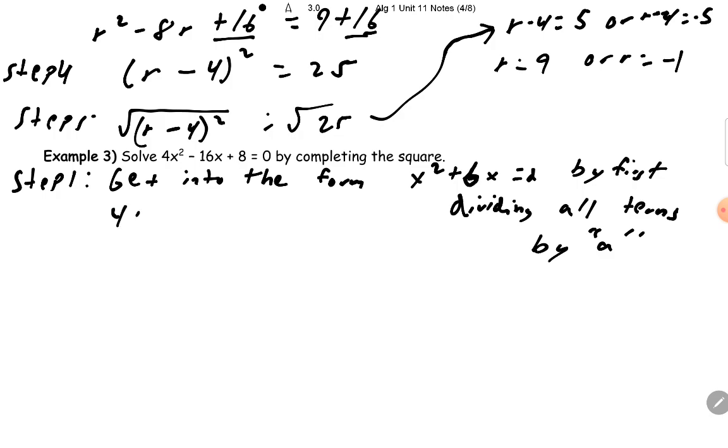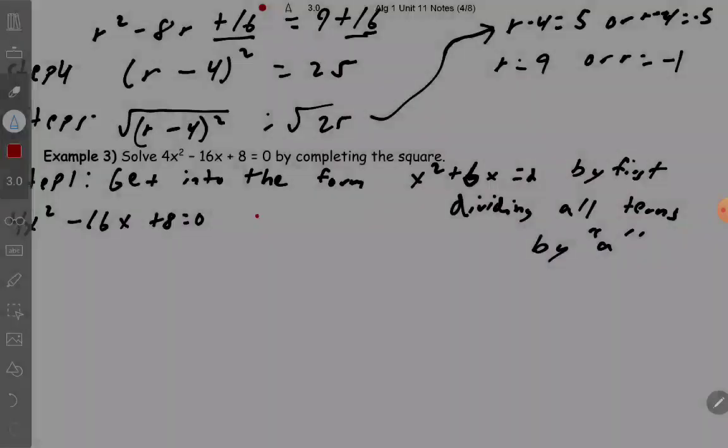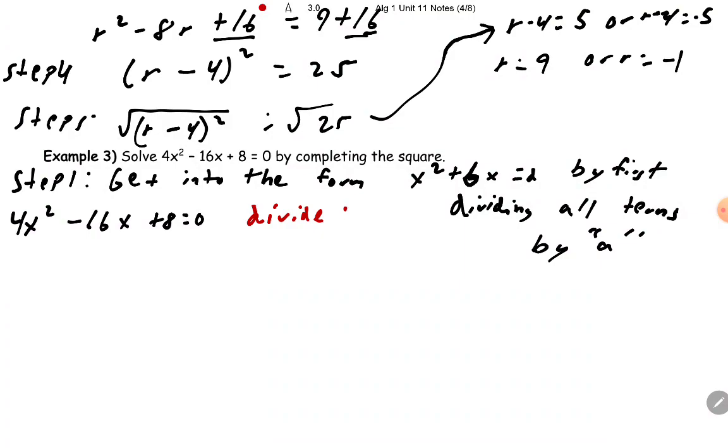Alright, so I have 4x squared minus 16x plus 8 equals 0, and I'm dividing everything by 4. Divide by 4.